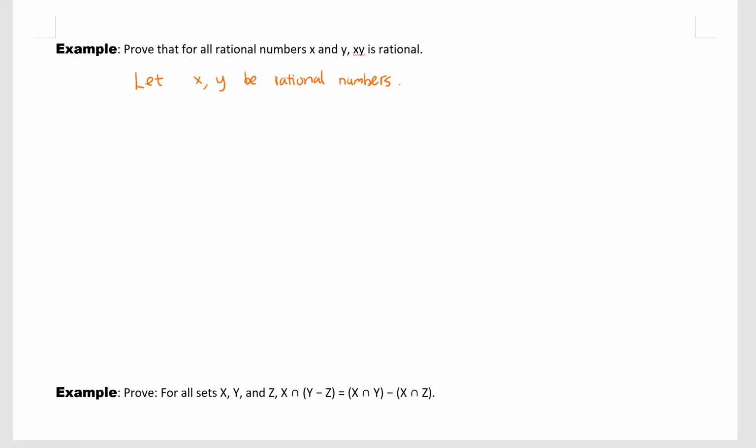Then, since x is a rational number, what does rational mean? Then we have x equals p over q. We can say p1 over q1, because I still have my y, for some p1 and q1.